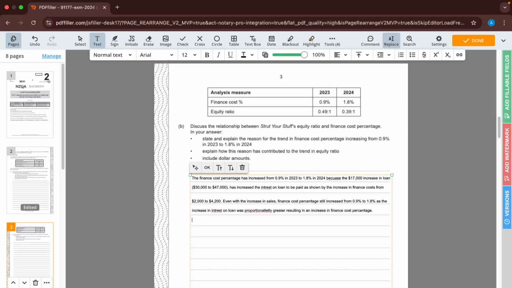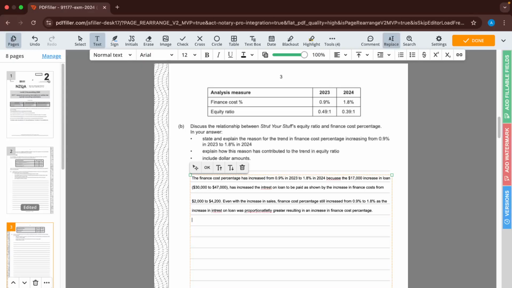So the equity ratio is focusing on how much of the business's total assets, which includes stuff like your bank account, your security system, have been funded by the owner of the business, and how much have been funded by debt. So when they say the equity ratio is 0.49 to 1, this means that the owners funded 49% of all of Strut Your Stuff's assets in 2023 and 39 cents in 2024.